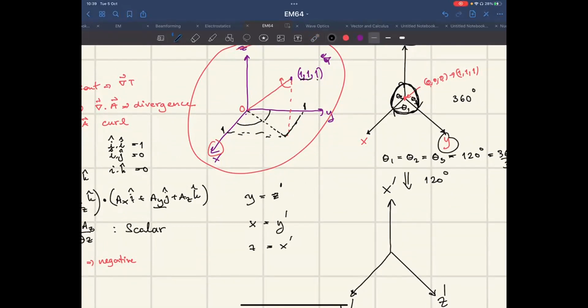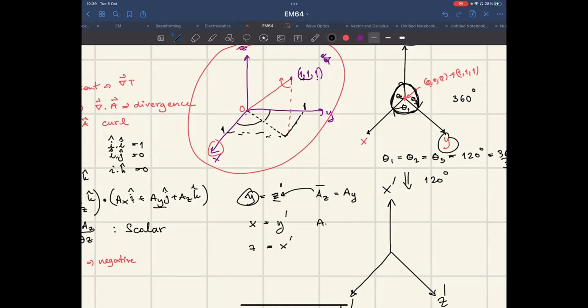So what does this mean? It means that our az here, that belongs to this one, equals ay, right? Because they're the same.